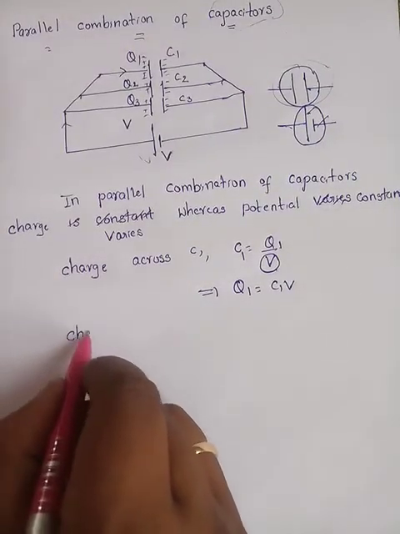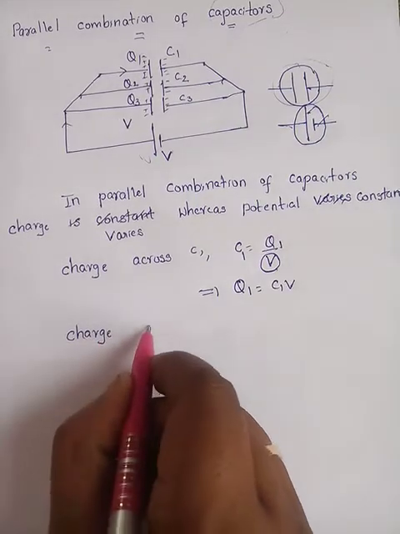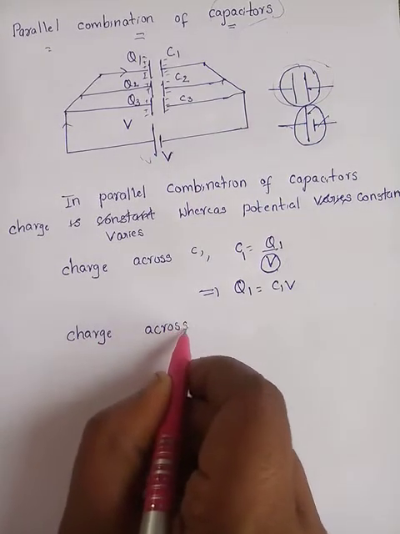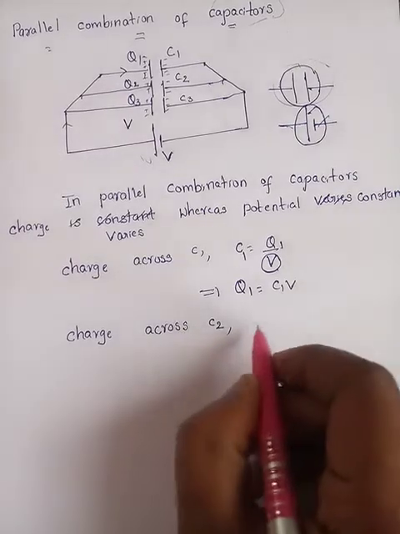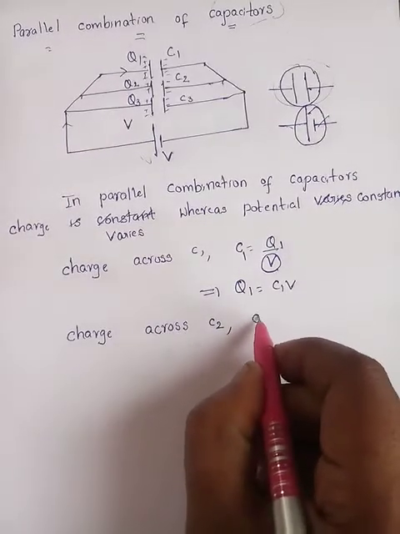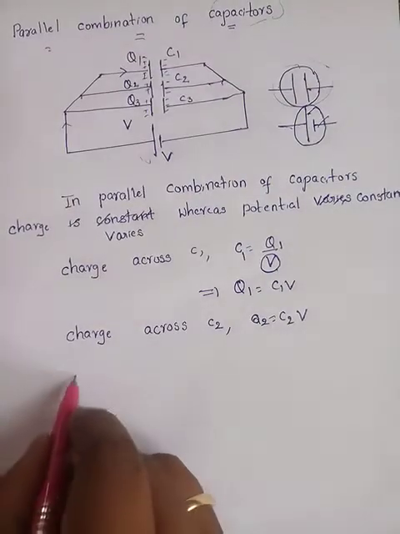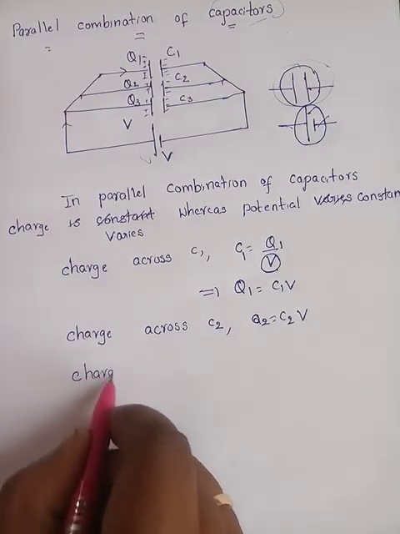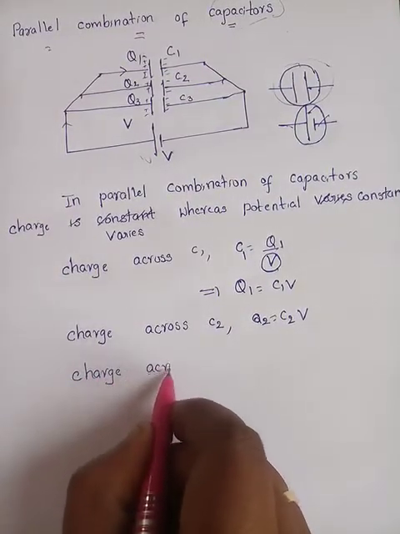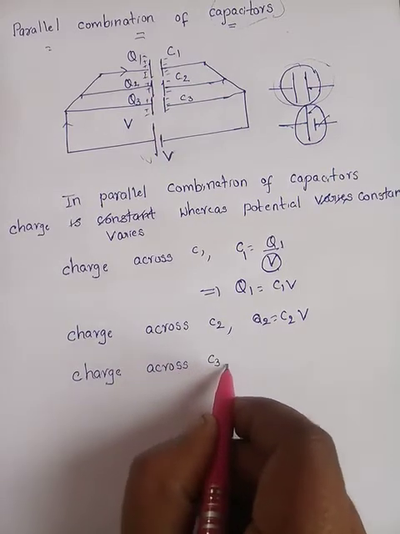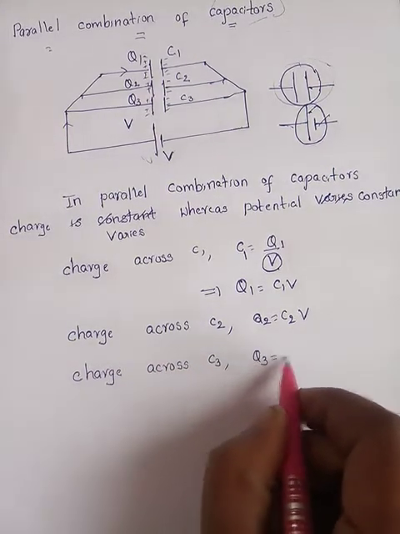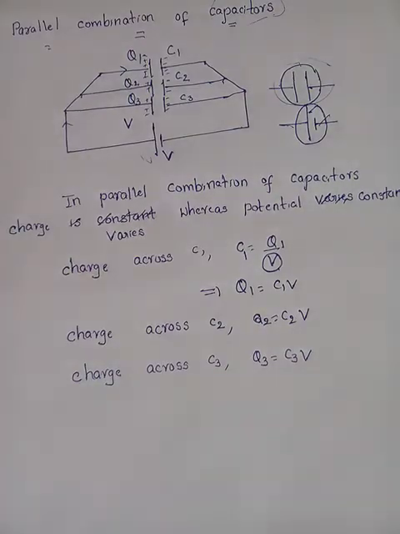In the same way, charge across C2: we can directly write Q2 is equal to C2V. Next, charge across C3: Q3 is equal to C3V.